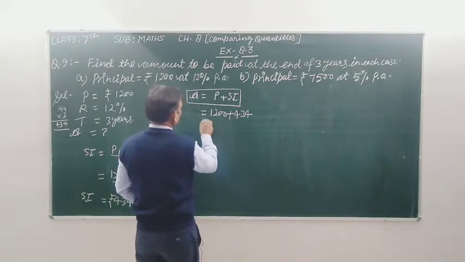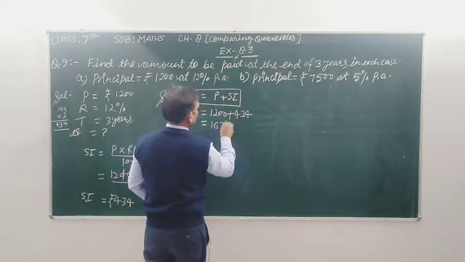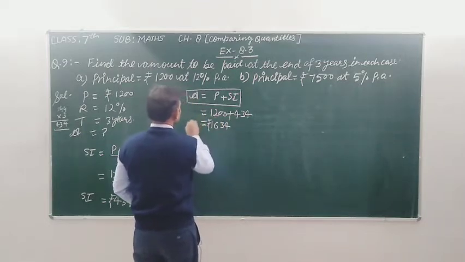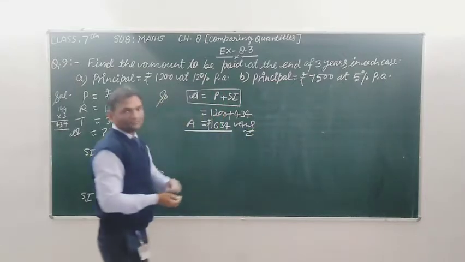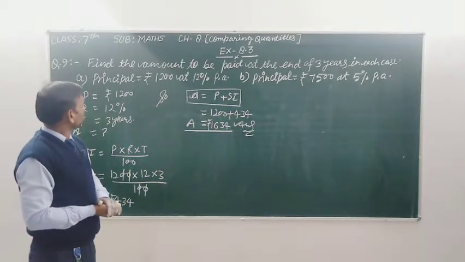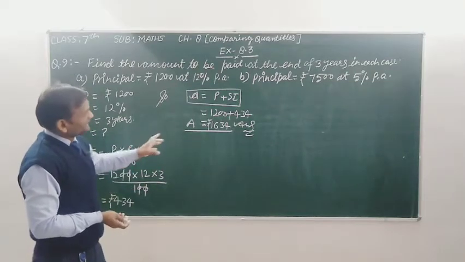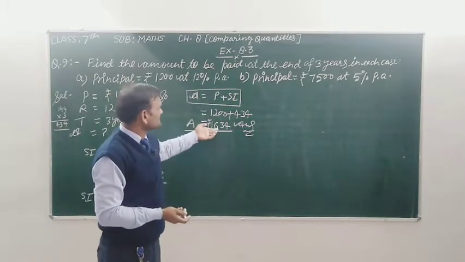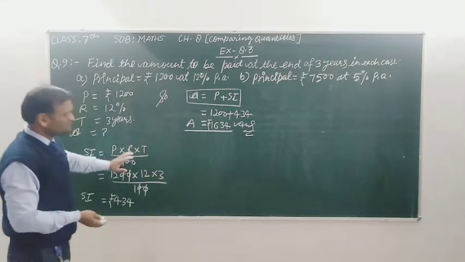So total amount is 1634 rupees. This is the amount, and this is my answer. Means total amount which has to be paid at the end of 3 years is 1634 rupees. So student, this question was very easy.